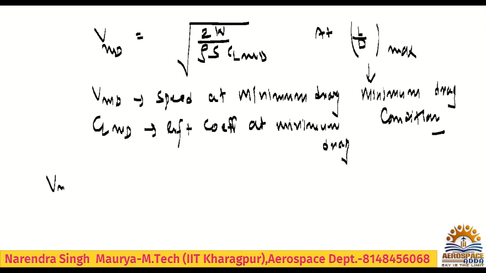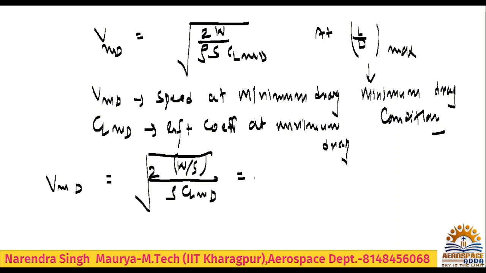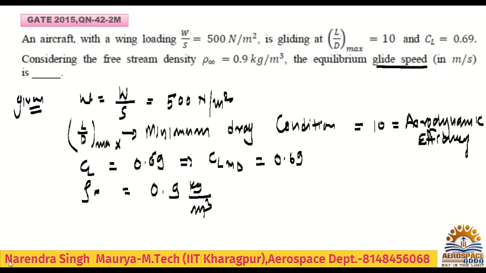Now you calculate V_md. You can write V_md equals square root of 2 W by S divided by rho C_L_md. W by S is the wing loading. How much is it given? 500.